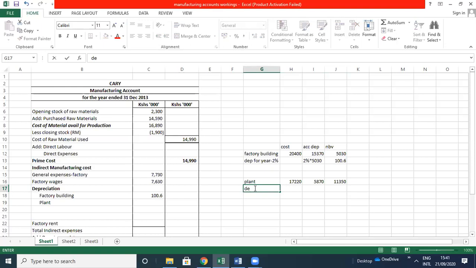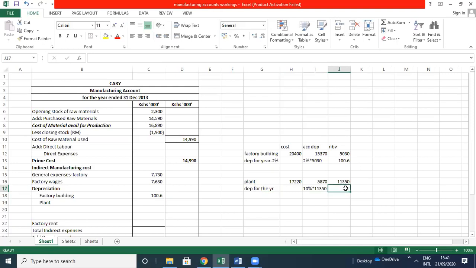Therefore, depreciation for the current year will be given by 10% multiplied by 11,350 to get us what? 1135. That is the amount we put there. Next.